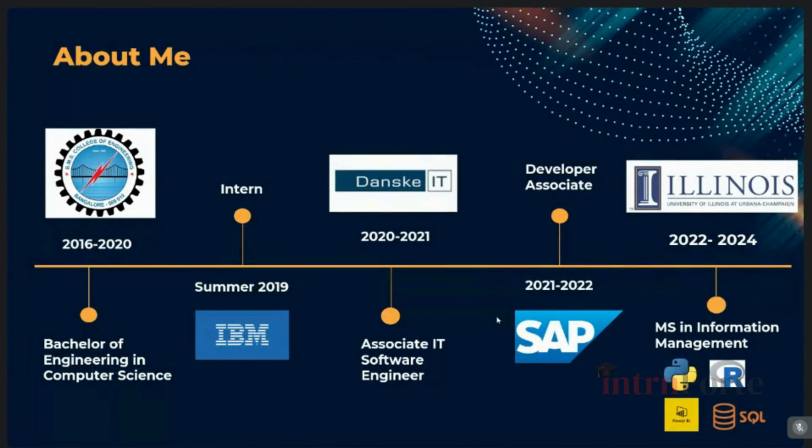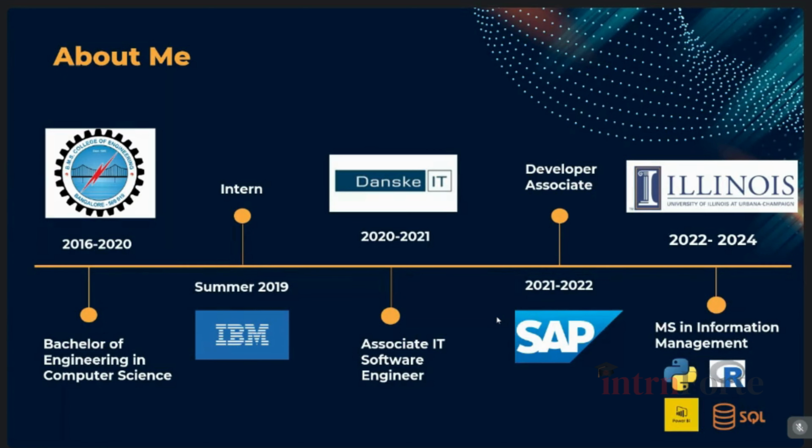I just want to take a minute to introduce myself to all of you. I did my bachelor's in computer science from BMS College of Engineering, Bangalore, and I graduated from there in 2020. During that time, I was a summer intern at IBM during the summer of 2019.